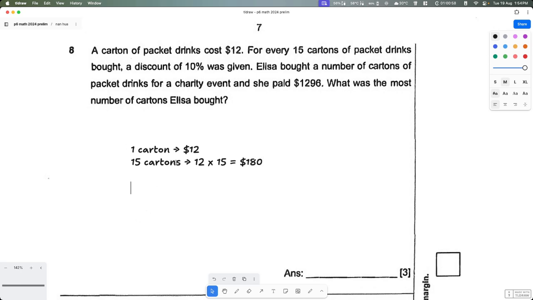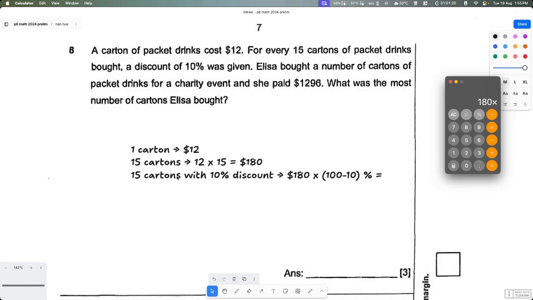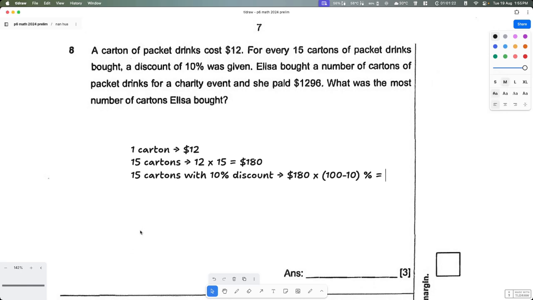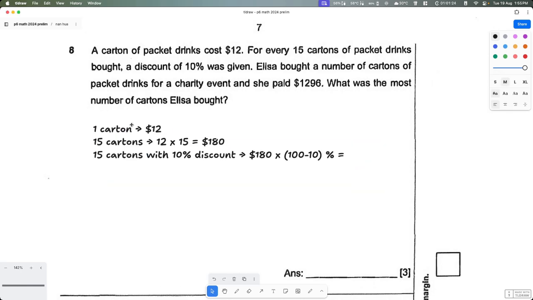So 15 cartons with 10% discount is equal to $180 times, I think it's minus 10 percent or 90%. Okay, so times 90%, this will be $162.